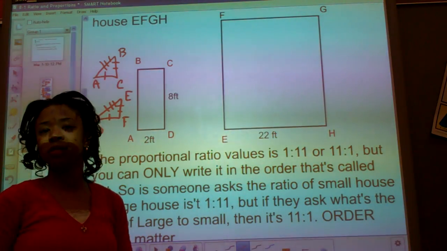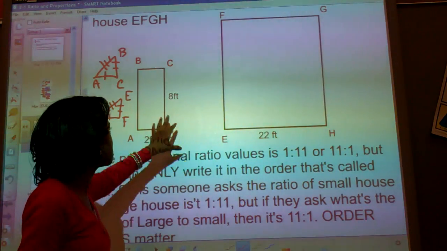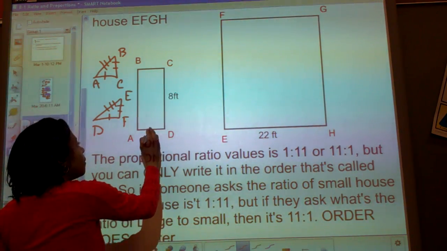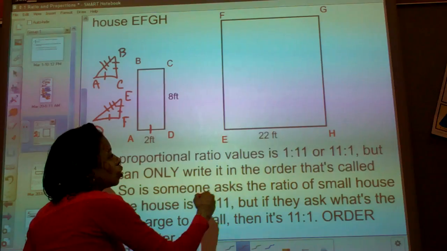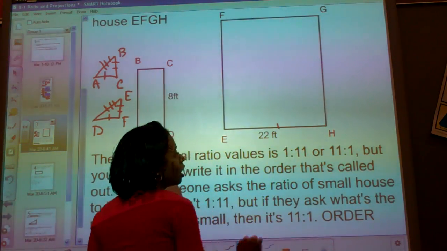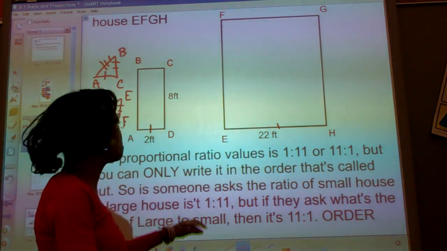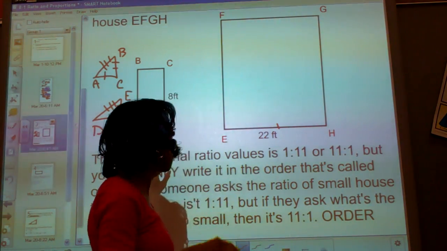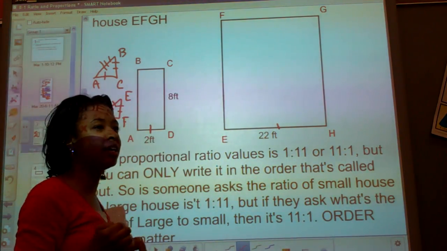You do the same exact thing for whatever shape it is. In this case, it's a rectangular shape. So AD corresponds to EH, and it does not mean they're the same length, it just means that EH represents the smaller version AD.